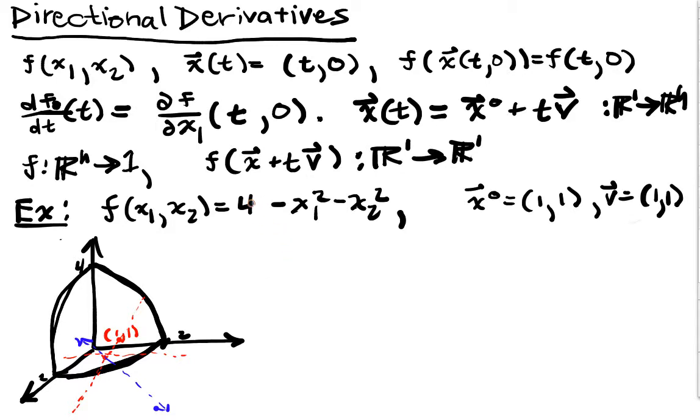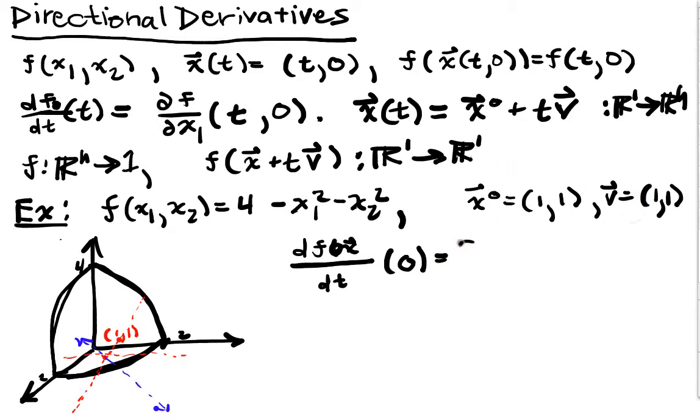Then what is my derivative? Well, d(f composed with x)/dt, where that little circle means composed, evaluated at time t equal to 0 of this curve. So my curve now is x, this thing where I've fixed x naught and v.